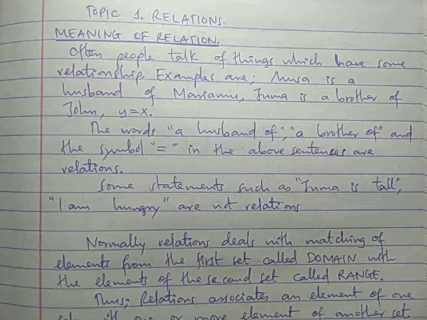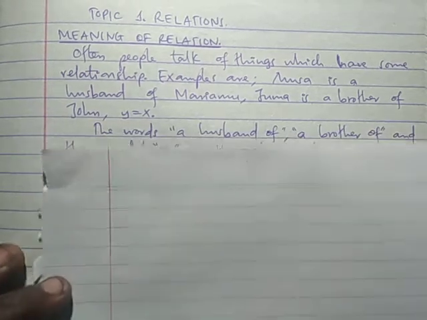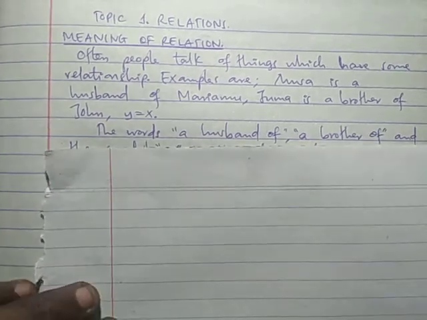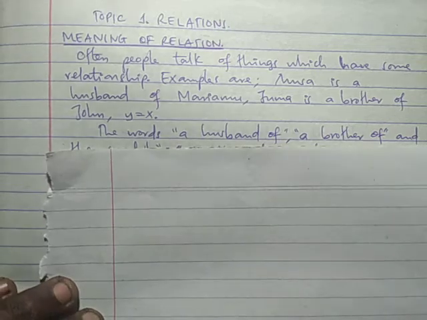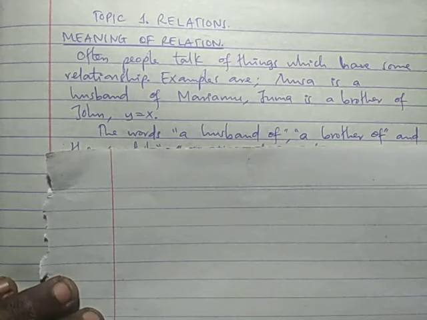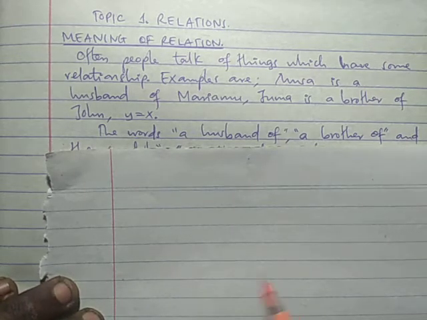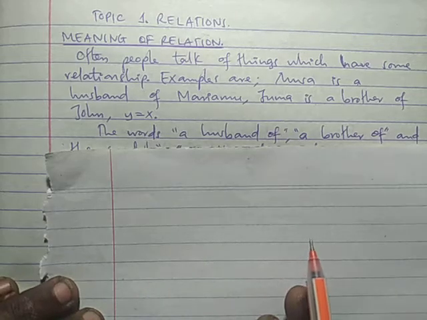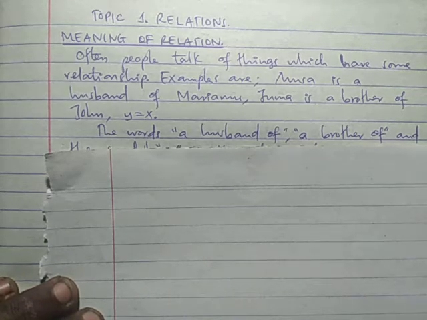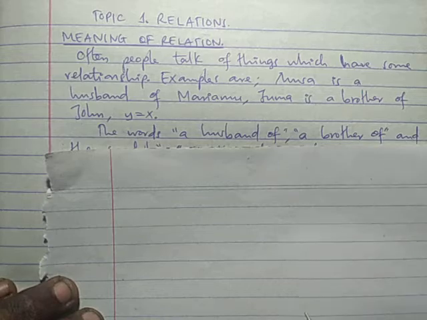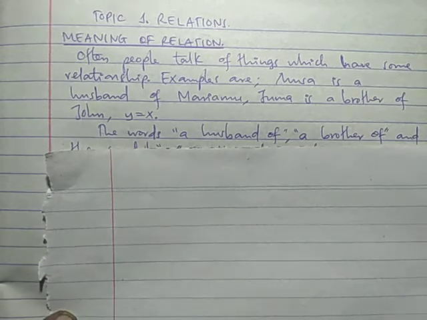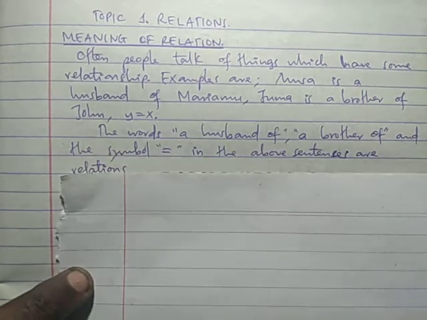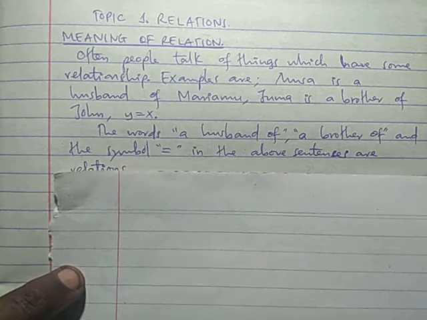About relations, as the terminology suggests, relation ni mahusiano. So kwenye mathematics tunakuwa tunaangalia kwamba kuna uhusiano gani kati ya one number na another number. And more especially here we are talking of the relation between two sets of things. So kwenye relation ni kwamba tunakuwa tuna two sets.